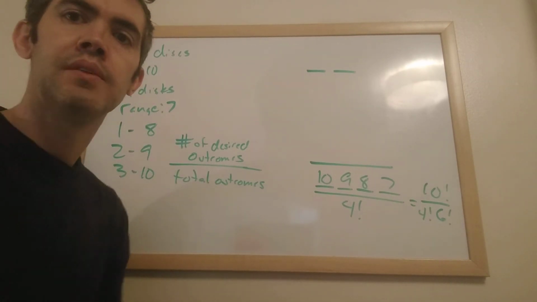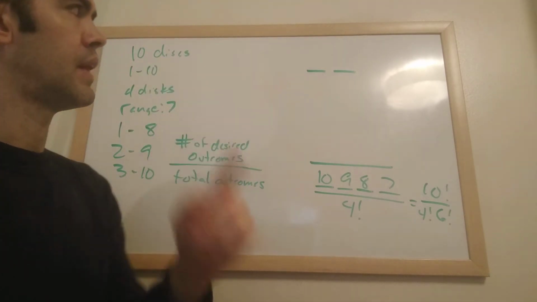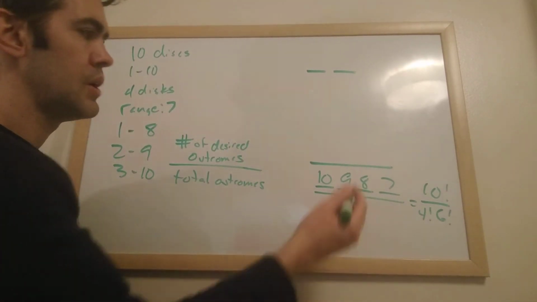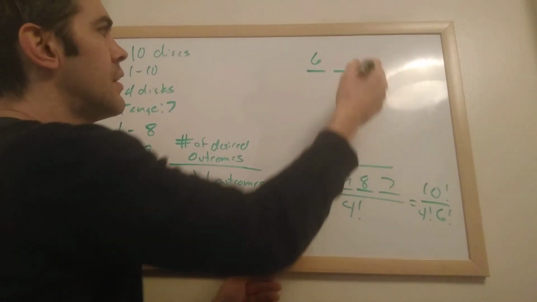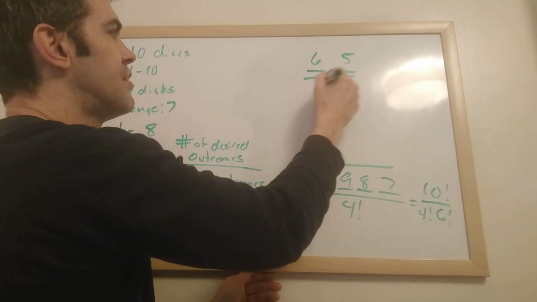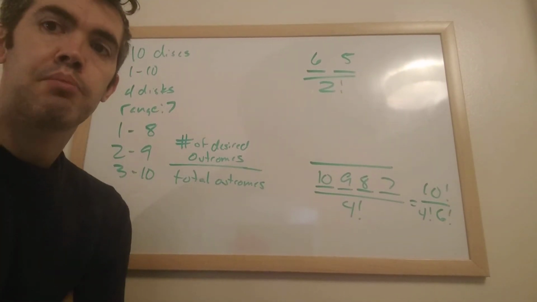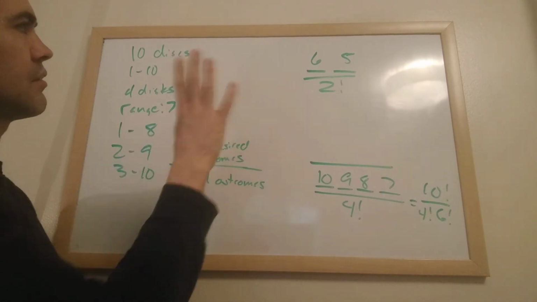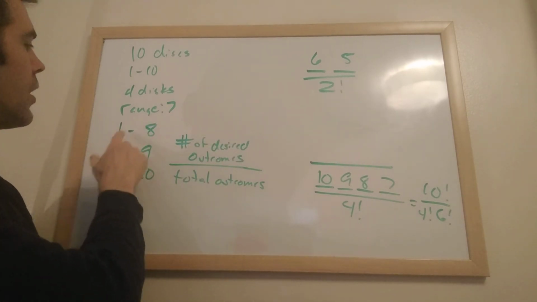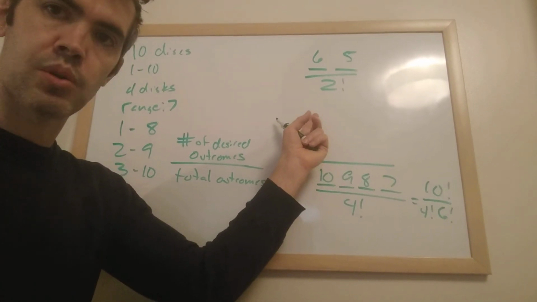I have 6, right? 2, 3, 4, 5, 6, 7. So that's 6 different possibilities. So it's similar to this. There's 6 for the first slot, 5 for the second slot, and then I'll divide by 2 factorial because of the number of ways to arrange them. And this should represent the number of groups of 4 disks that have a 1 and an 8, and then some other numbers in between 1 and 8. Cool?